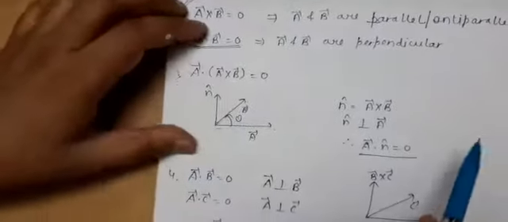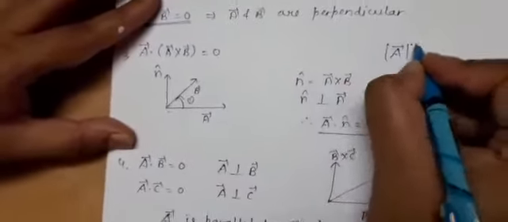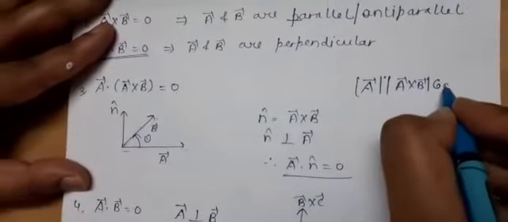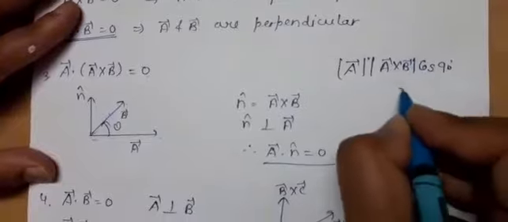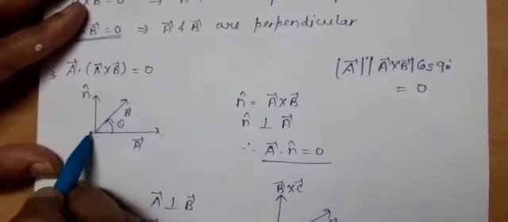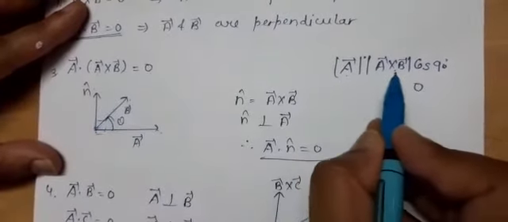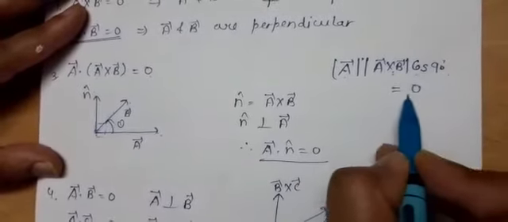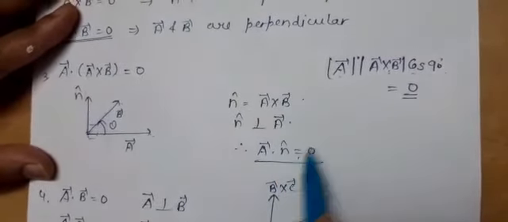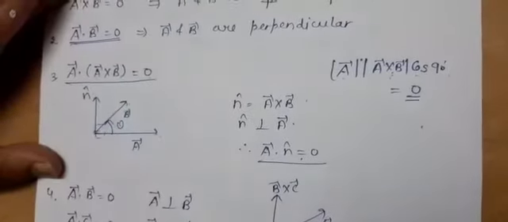So it means magnitude of A into magnitude of A cross B into cos 90. What should it be? 0. Whatever the magnitudes, the angle between them is 90, so the result will be 0. So I have done it this way, or you can do it the other way. In both ways, this can be the result.